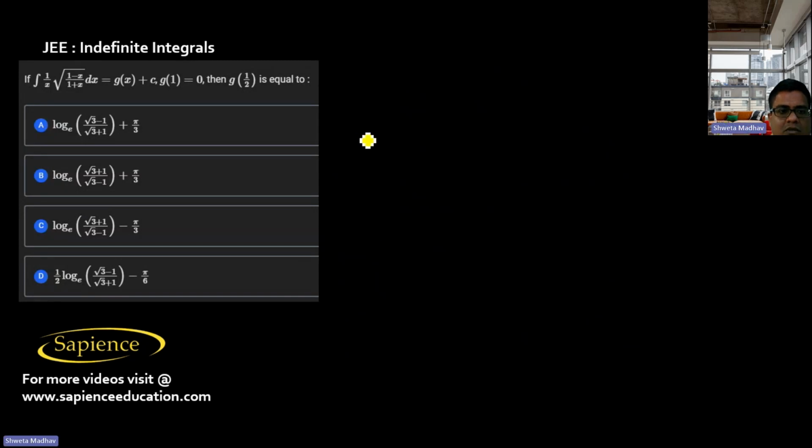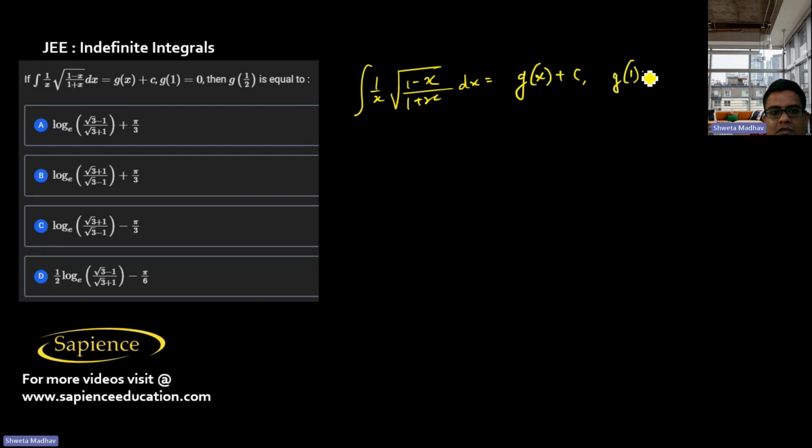But then here it is told: if the integral of 1 by x root over (1 minus x) by (1 plus x) dx is equal to g of x plus c, and g of 1 is equal to 0, then g of half will be how much? g of 1 is 0.